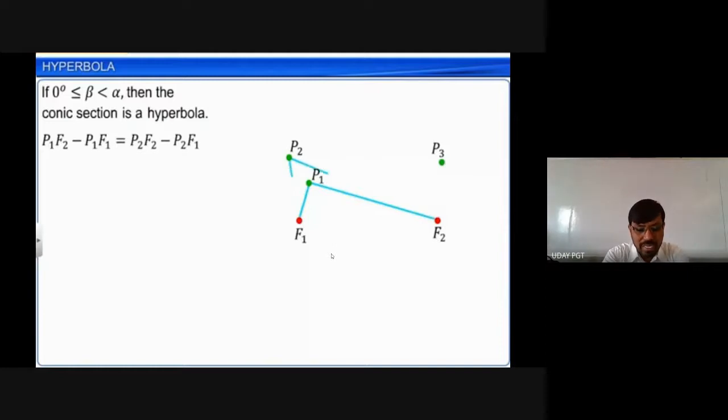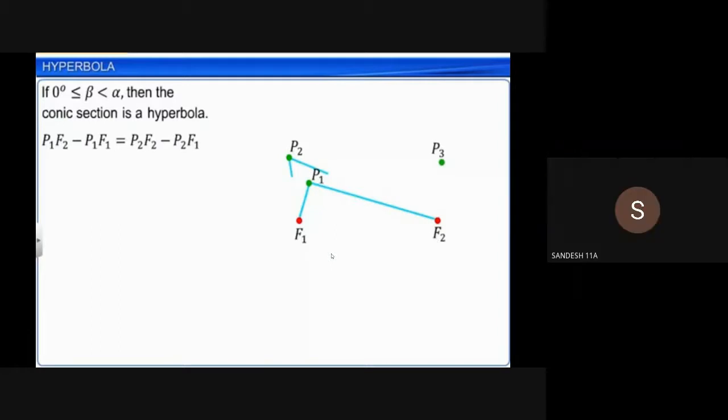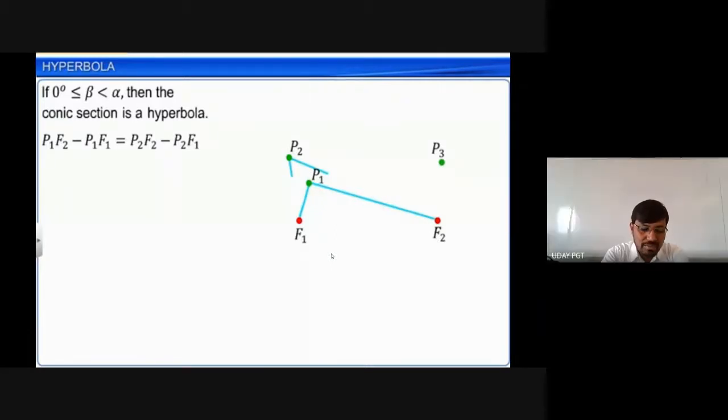Ellipse we are going to get. Can anyone tell me what is the definition of the ellipse? The set of points whose sum of the distances from the two fixed points is equal. Yes, in case of ellipse.